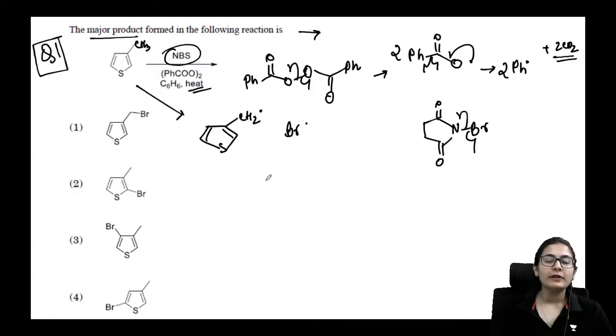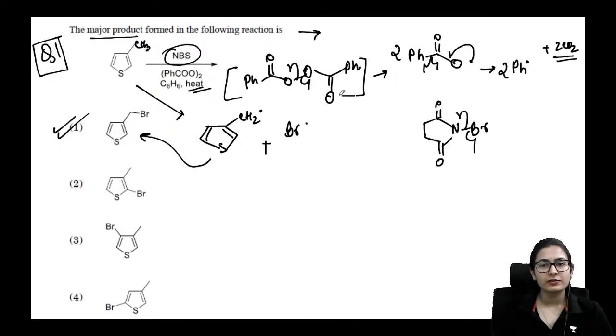Allylic or benzylic, whichever you want to call it, there's a conjugated system over here. So this is going to be a stable radical, and after the connection, it's going to give you answer as option number A. If you have benzoyl peroxide or any other peroxide and NBS, you are always going to create a bromine radical. So this is the answer.